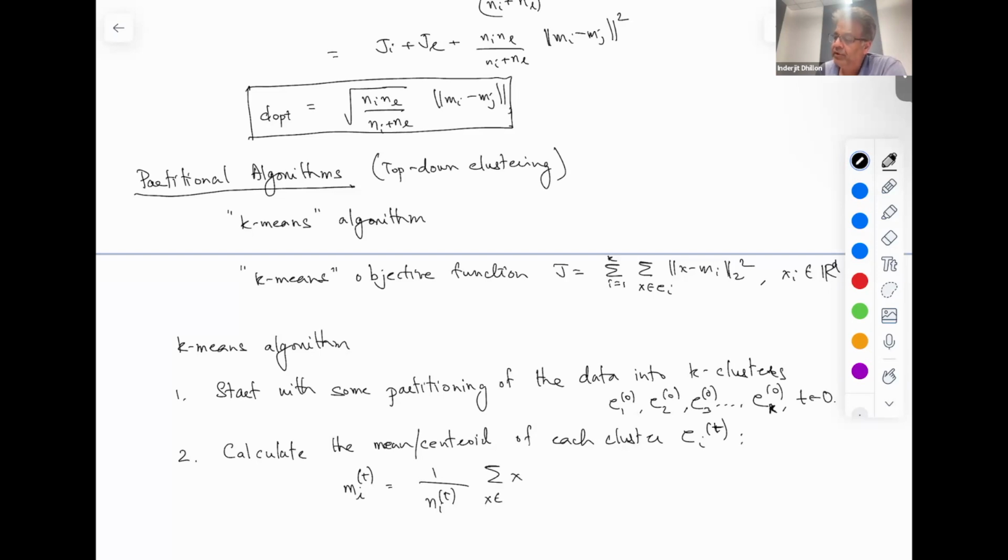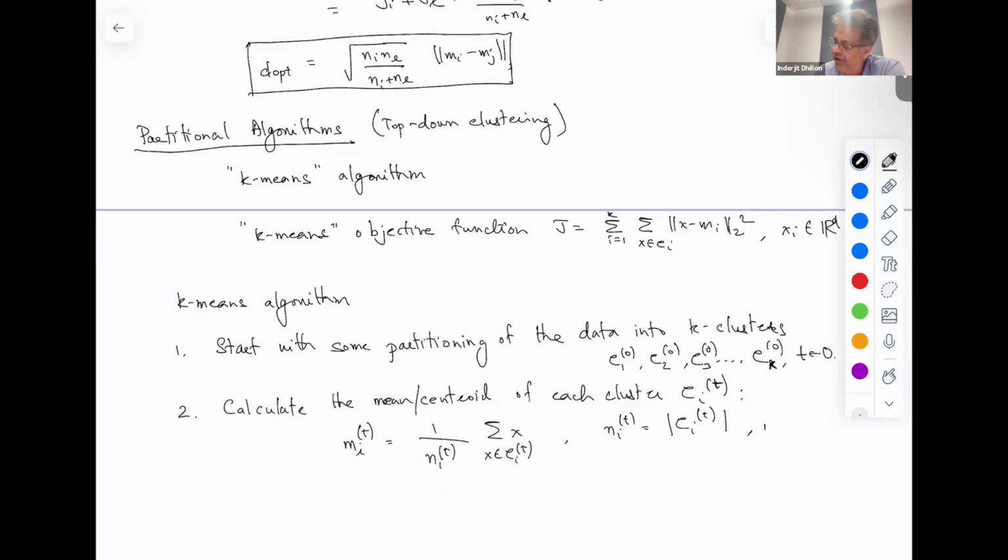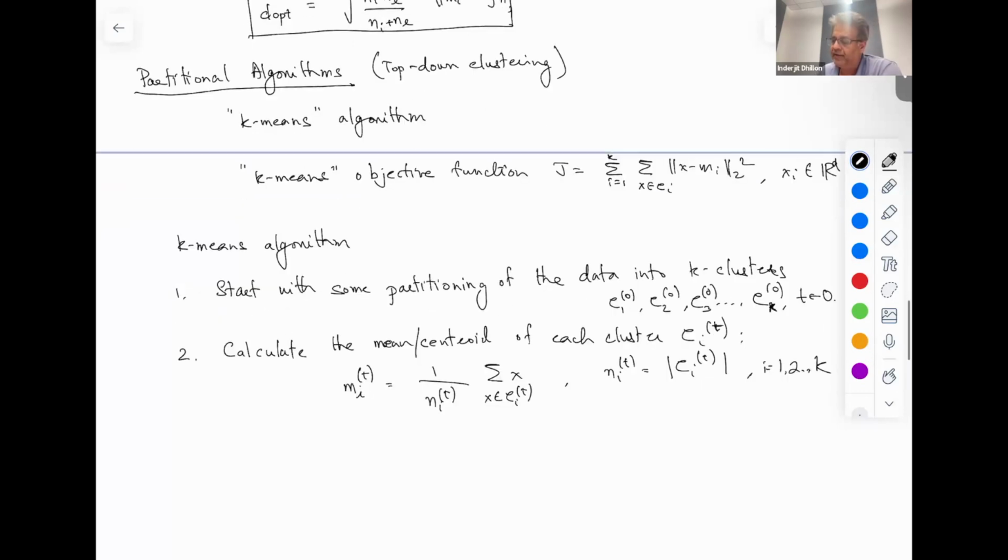Remember that Ni is just the number of elements in cluster i. I do this for i equals 1 to K. So given a partitioning, I compute the means.